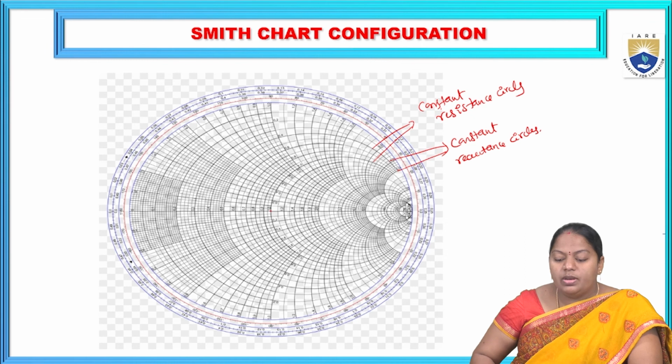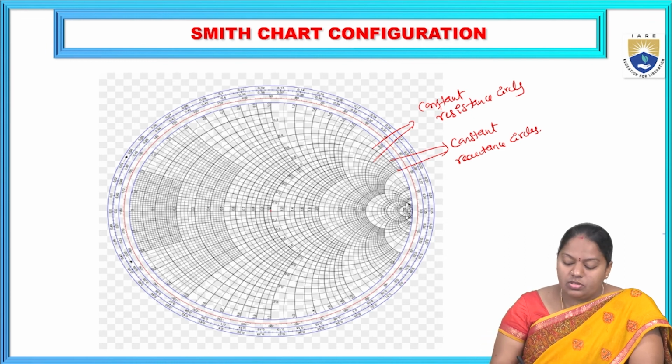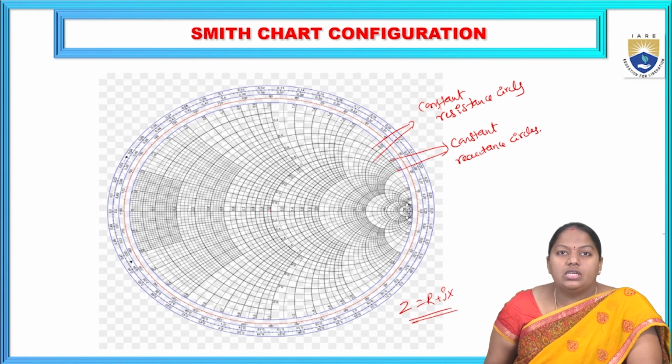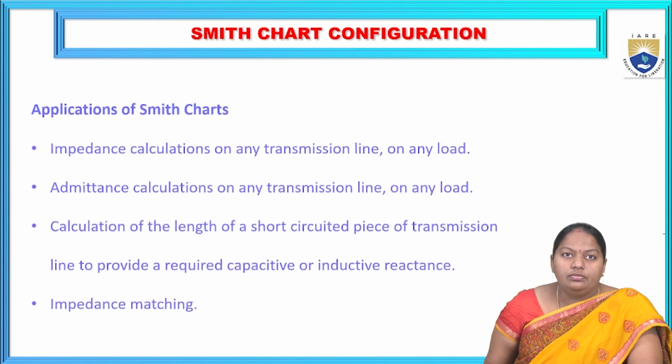Based upon this, we represent impedance, which consists of real and imaginary parts. Hence the other name for this simple Smith chart is the impedance Smith chart. This is the way we can configure the Smith chart with the help of constant resistance circles and constant reactance circles.